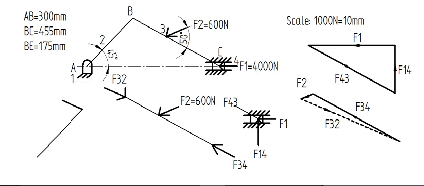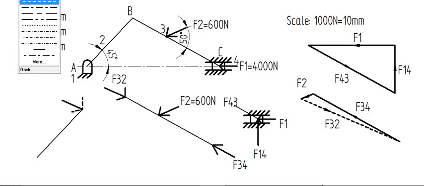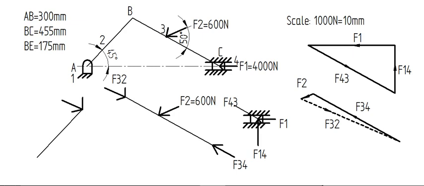Okay, so F32 is nothing but here F23. Okay, this will be F23. Now this will be just equal and opposite.